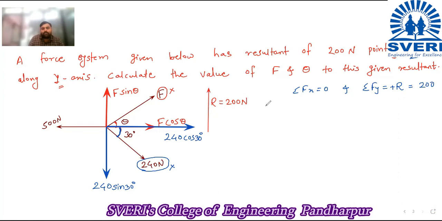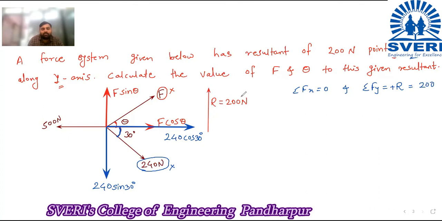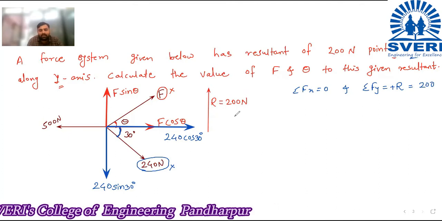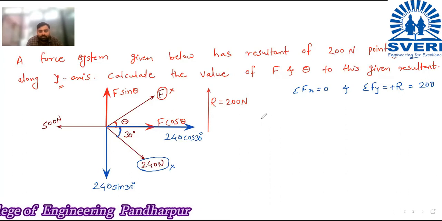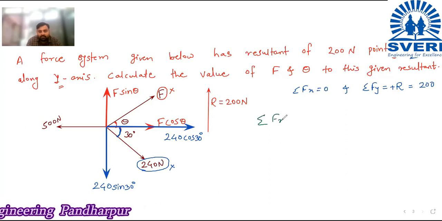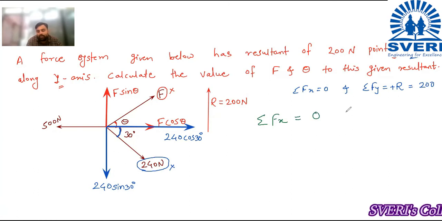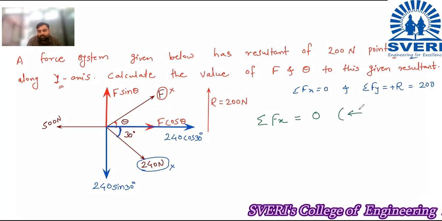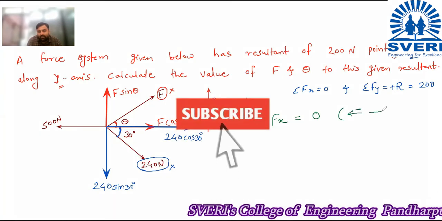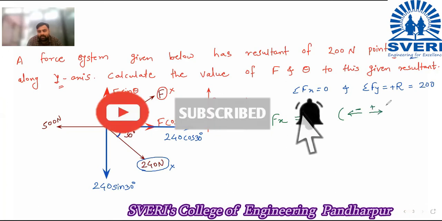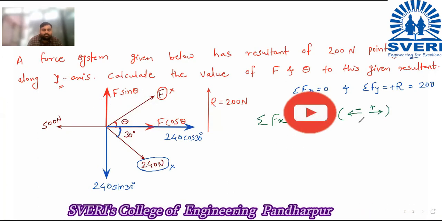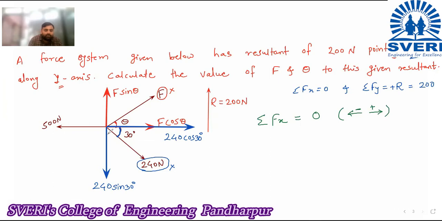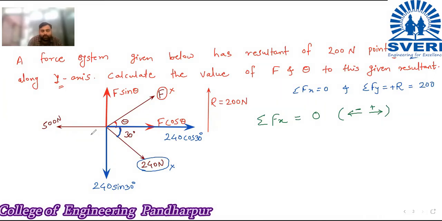Now moving further, as in the numerical, they told us that our resultant is vertical and it is moving up. Therefore, summation Fx must be 0. What are the sign conventions for summation Fx? If the force is moving towards left, then it is negative. If the force is moving towards right, then it is positive. Now we will start with this force of 500 Newton.